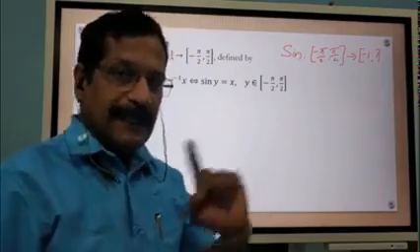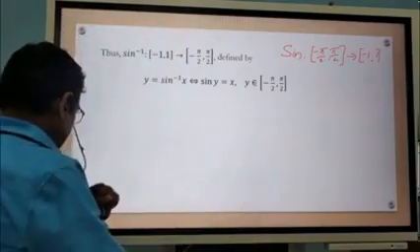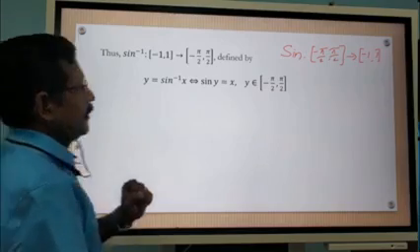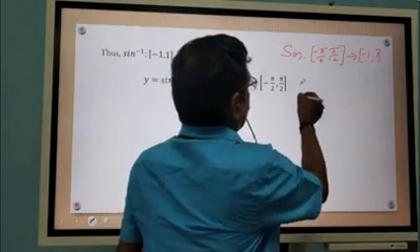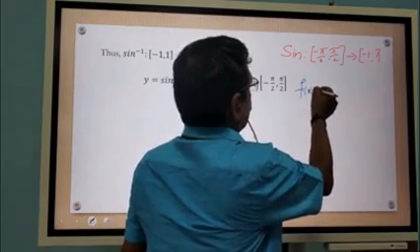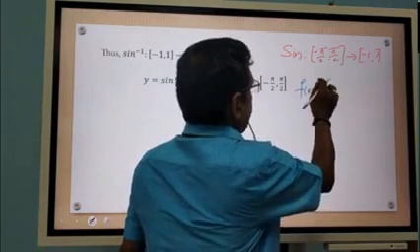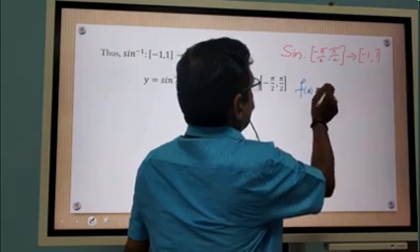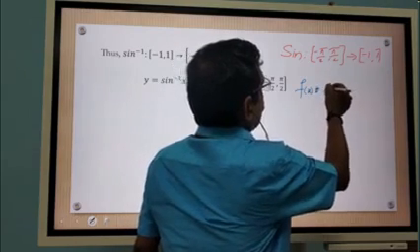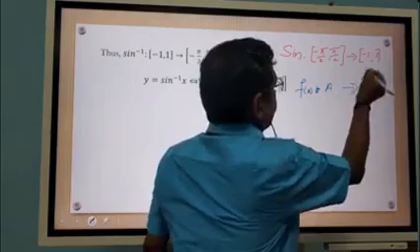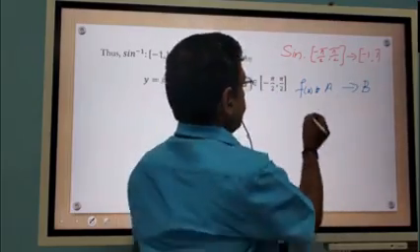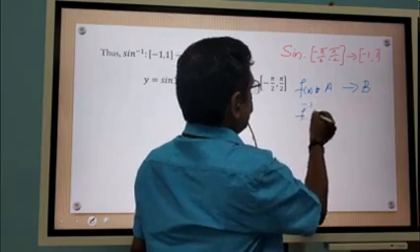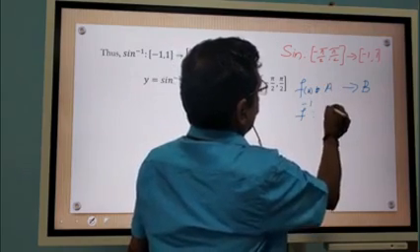Let us connect this with the function. Suppose f is a function, f of x defined from A to B. Then f inverse is defined from B to A.